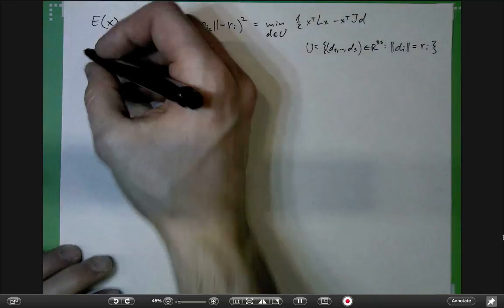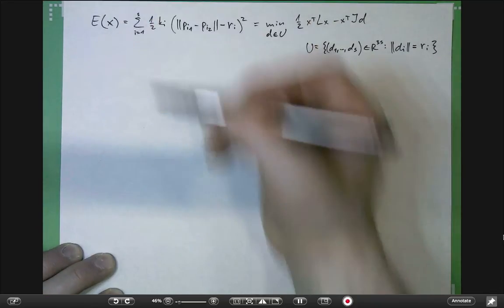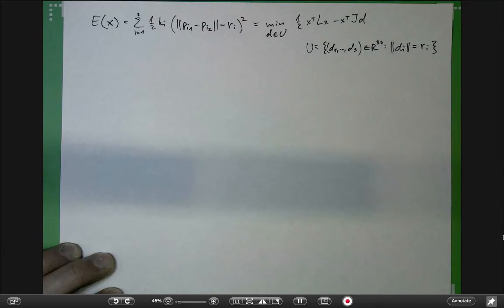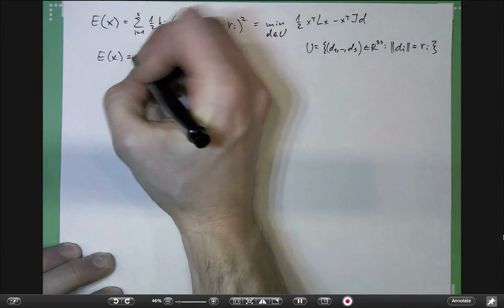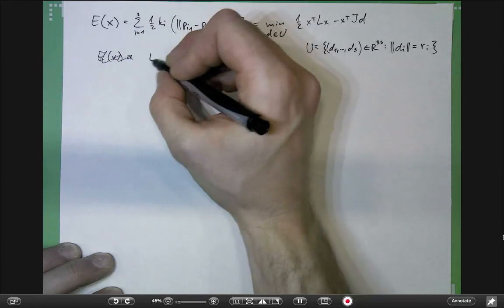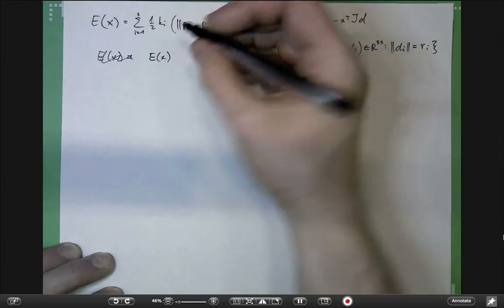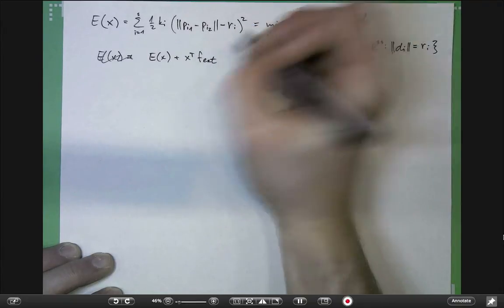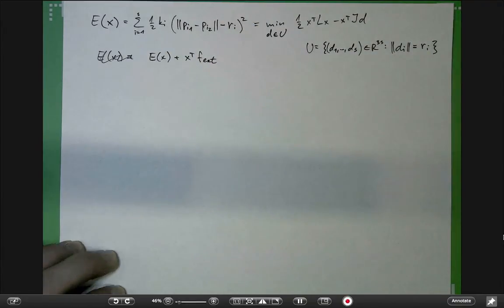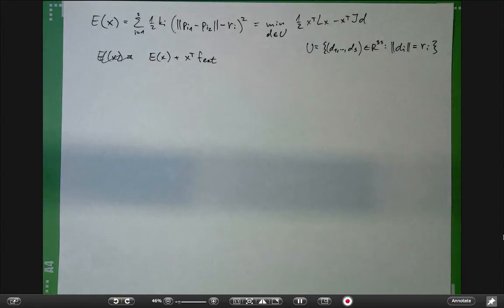Now in addition, this E can completely encode all internal forces in my system. I can also have external forces, which are easy to add there. I can just say that this is E(x) plus x transpose f_external, where the f_external can come from gravity, collisions, friction, and whatnot.